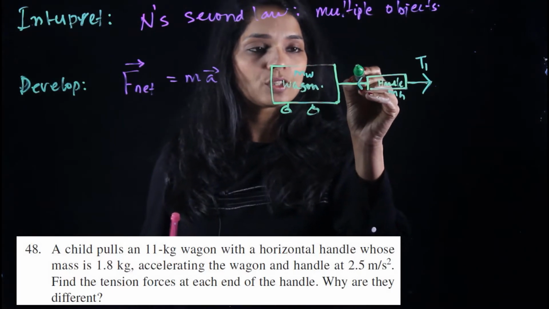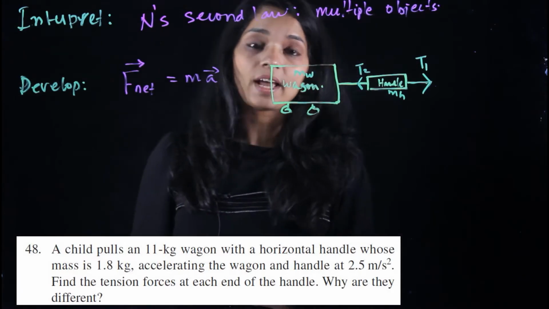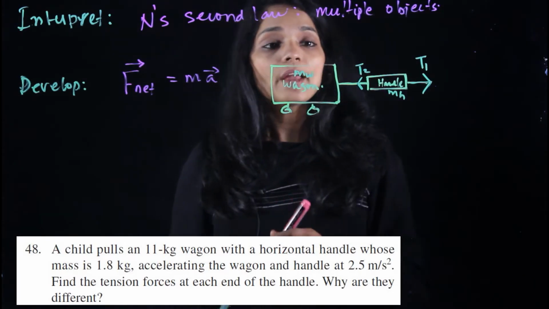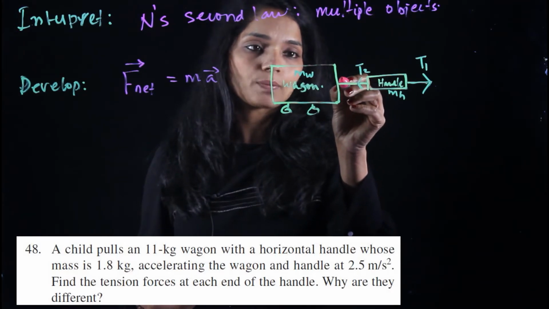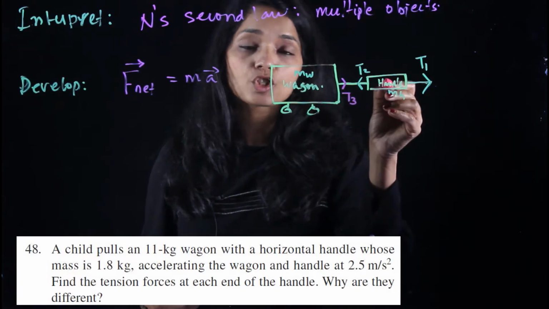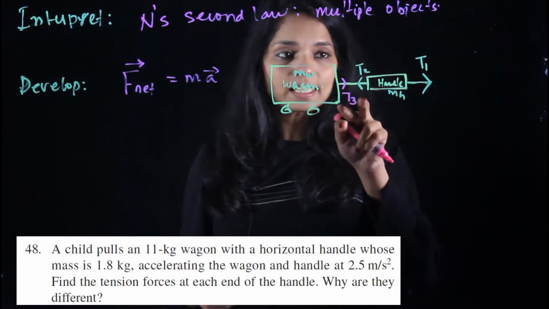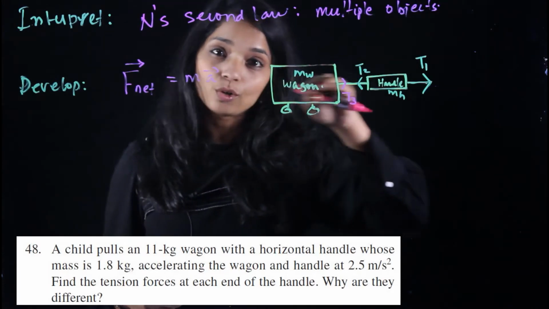So that's T2. T1 and T2 are the forces acting on the handle, and on the wagon there is a force the handle is exerting, T3. There are no other forces on the wagon in the horizontal direction.